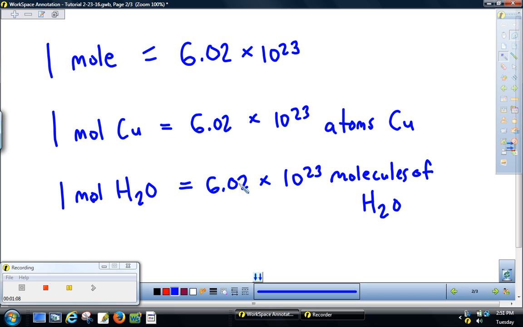You might be wondering, well, how did we come up with that number? It was Amadeo Avogadro who came up with how many atoms, or how many of an object, it takes to convert atomic mass units, AMUs, into grams.